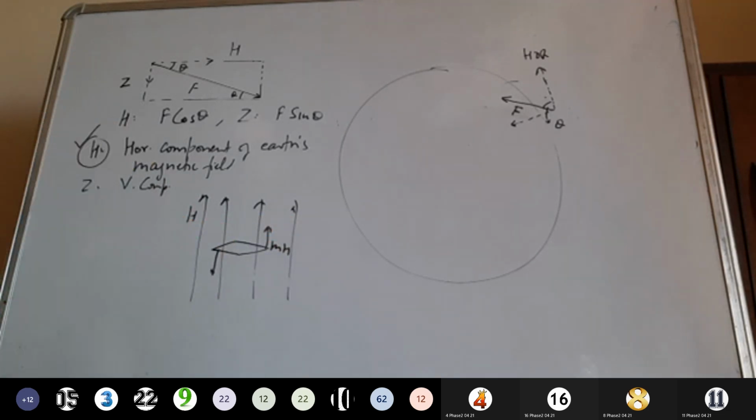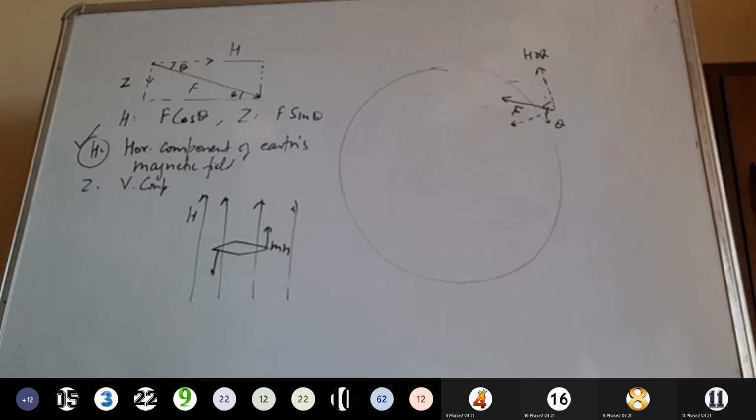This is this H. Because your magnetic compass needle is constrained to rotate in the horizontal plane.